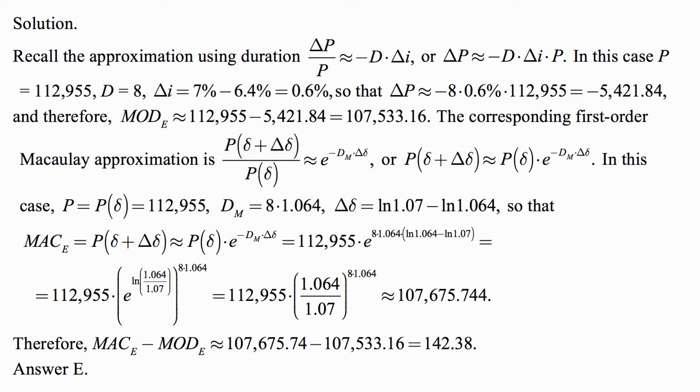107,533.16. The corresponding first order Macaulay approximation uses Macaulay duration, which is defined as minus the logarithmic derivative with respect to force of interest delta, not with respect to interest rate.